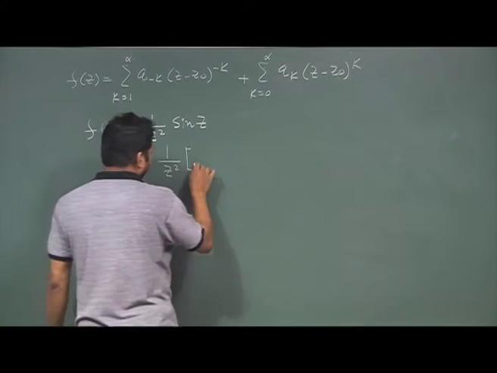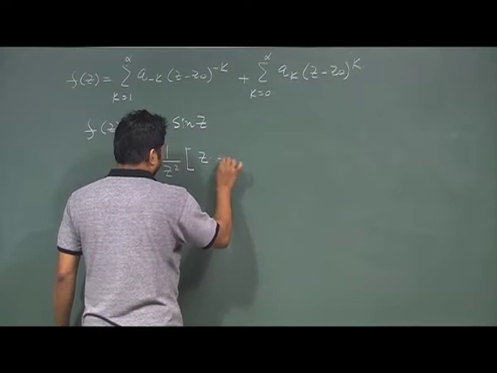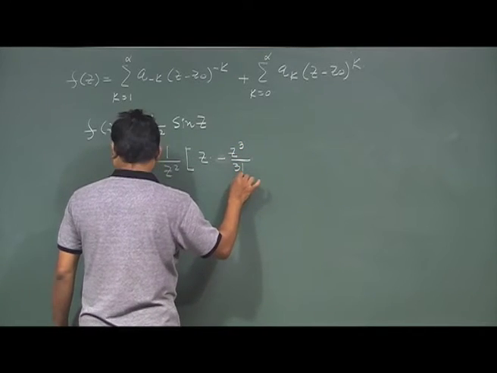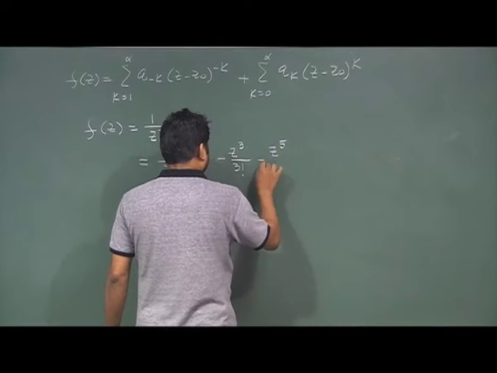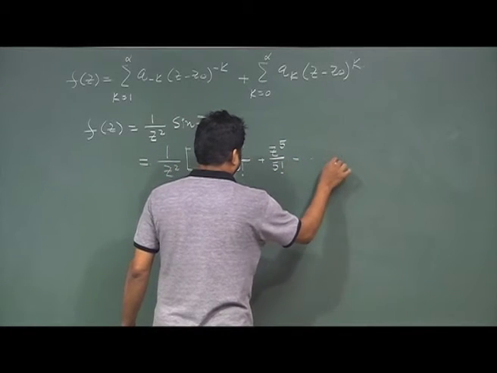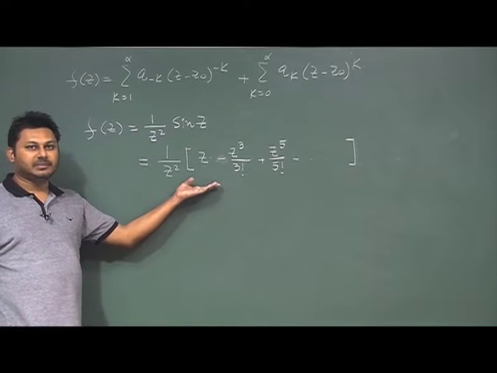If I want to expand this, the first term will be z, the second term will be minus z cube divided by factorial 3, and then z to the power 5 by factorial 5 and so on. The series is something like this.